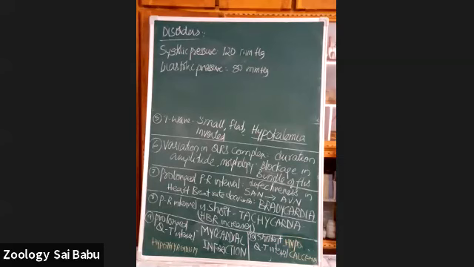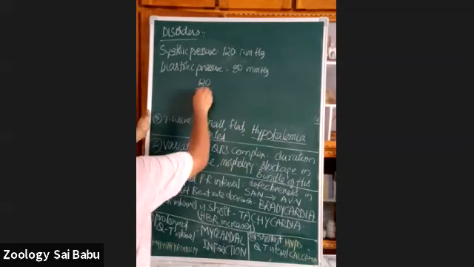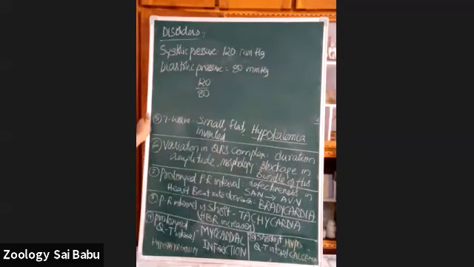We represent this as 120 by 80, which is normal.